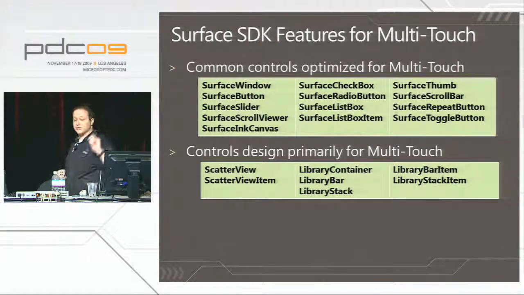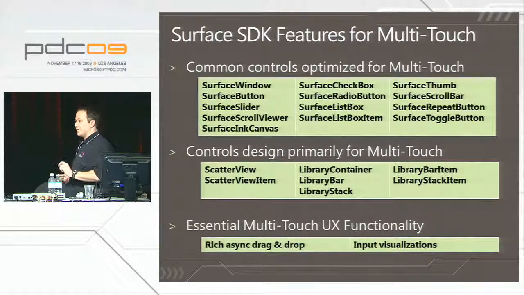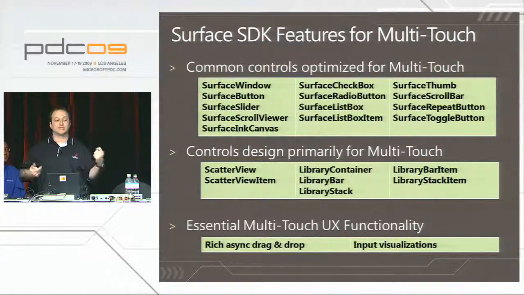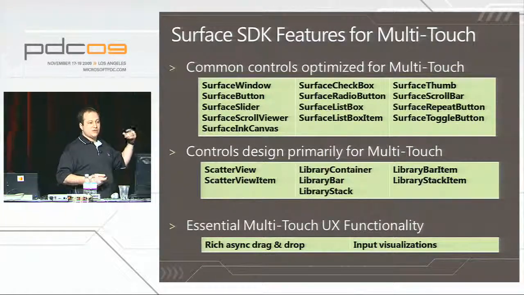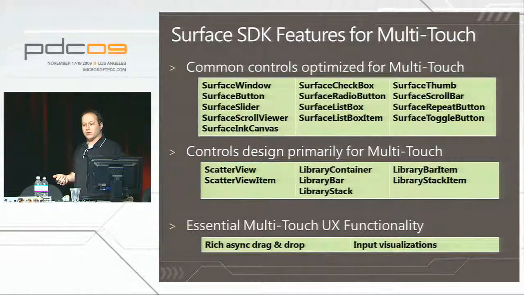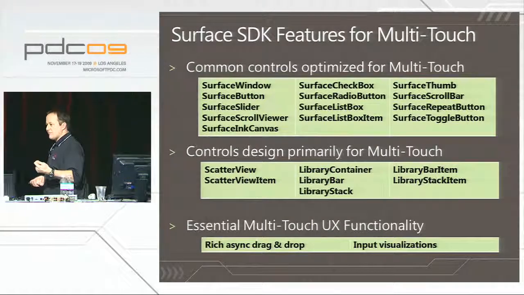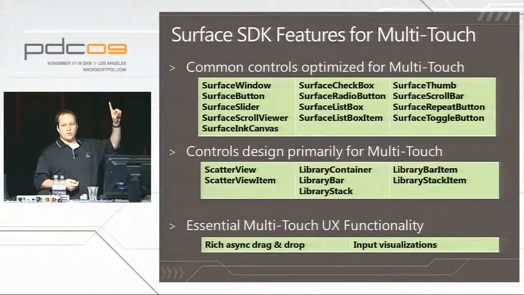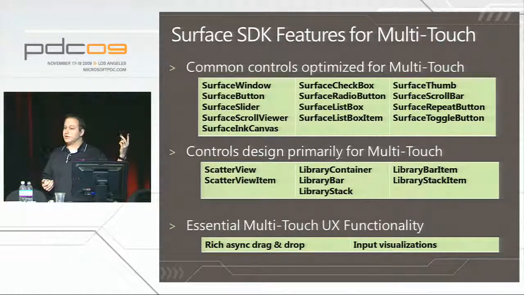But wait, there is more. Oh yes, there's more. We also have some really core UX framework functionality that's essential for multi-touch. First up is a rich asynchronous drag and drop framework. The traditional drag and drop framework is meant to be driven by a mouse, which means that you can only have one of them going at a time. That doesn't work well in a multi-touch world.